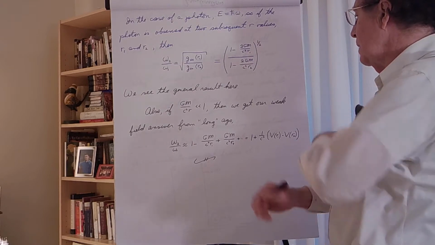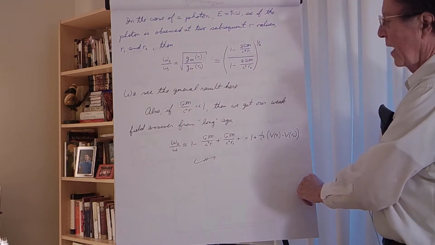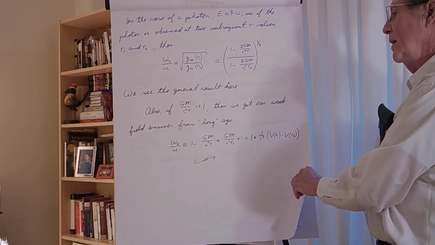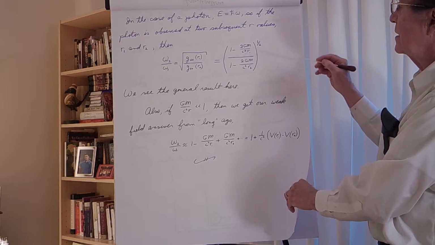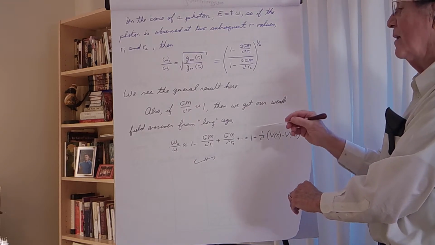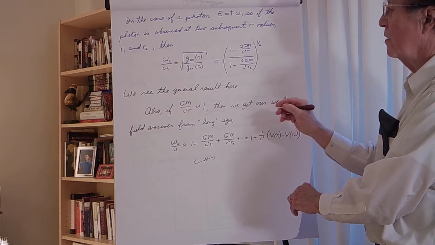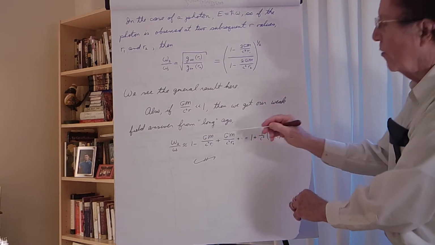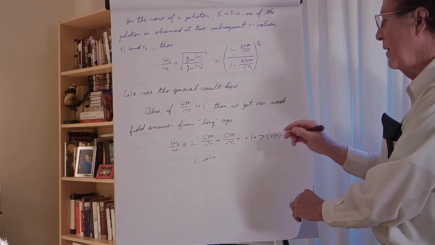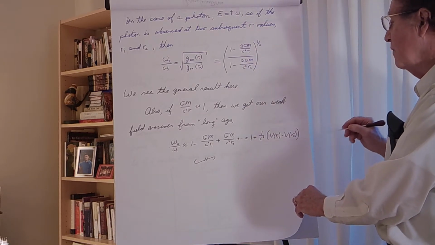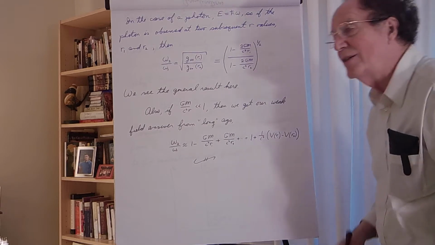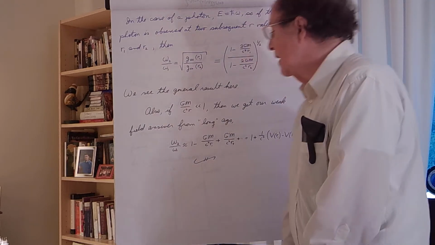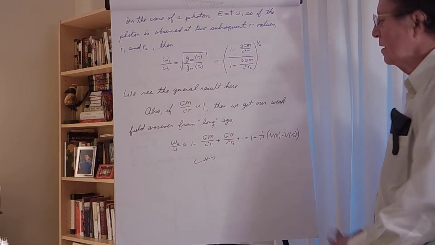Long ago we applied this to the weak field case, and there's the answer again, because I just take this quantity and I expand it in the case where GM over c squared r much less than 1, and so I can expand it away and get that omega 2 divided by omega 1 is approximately 1 plus 1 over c squared, the difference of the potentials, the Newtonian potentials between the 2 points.